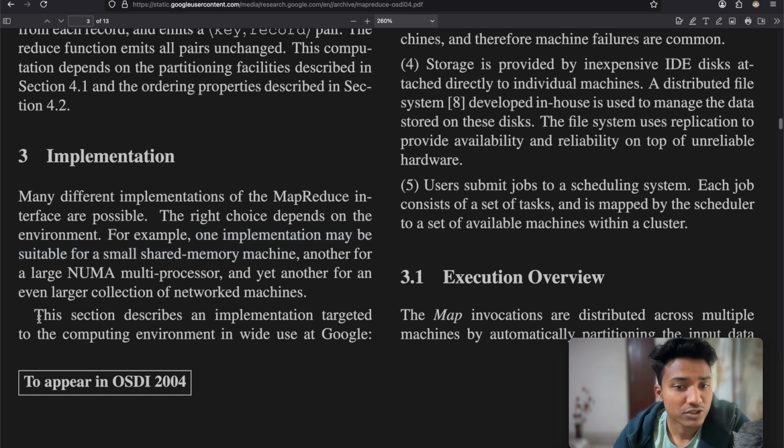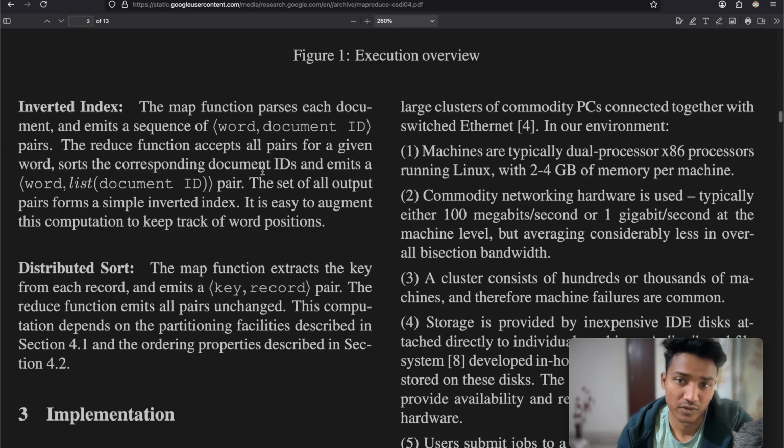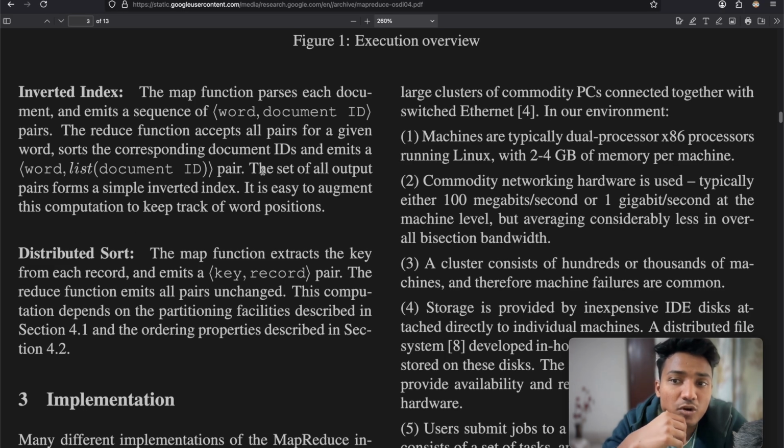Okay. This section describes an implementation targeted to the computing environment in wide use at Google. So this current section just targets it for Google, but the implementation could be possible for any kind of environment. A large cluster of commodity PCs connected together with switched Ethernet in our environment.